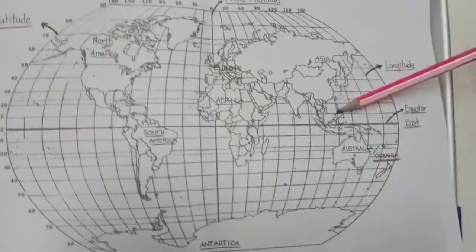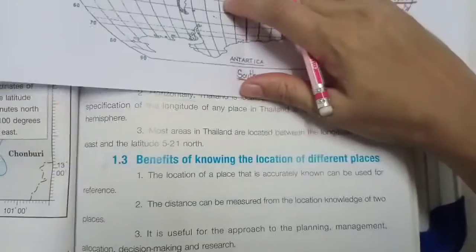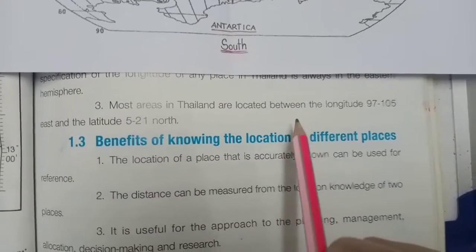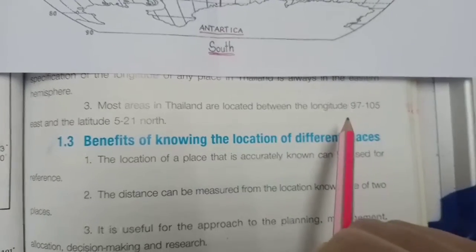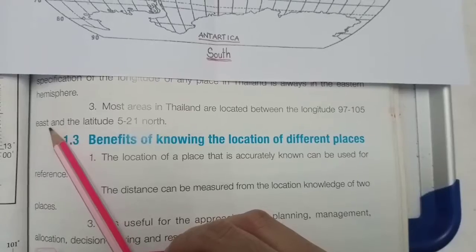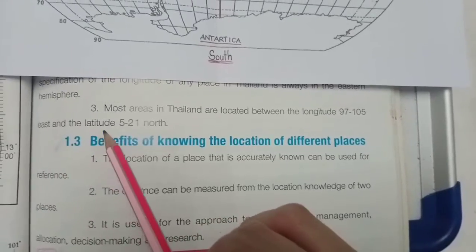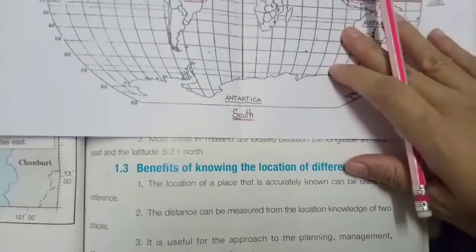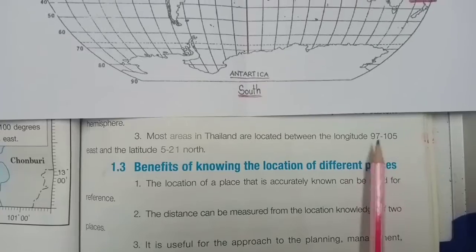So this is easy. So in number 3, it says here, most areas in Thailand are located between the longitude of 97 to 105 east and the latitude of 5 to 21 north. Okay. So this is how we are going to know that one. So we have here 97 to 105.